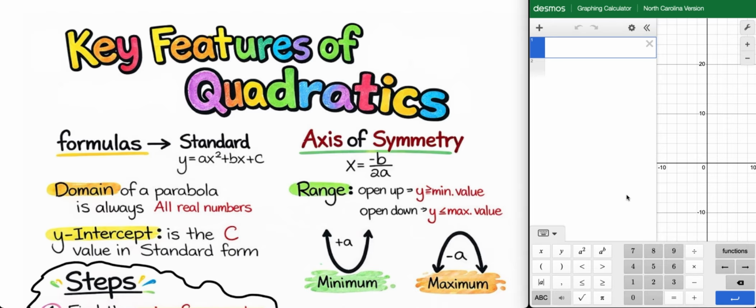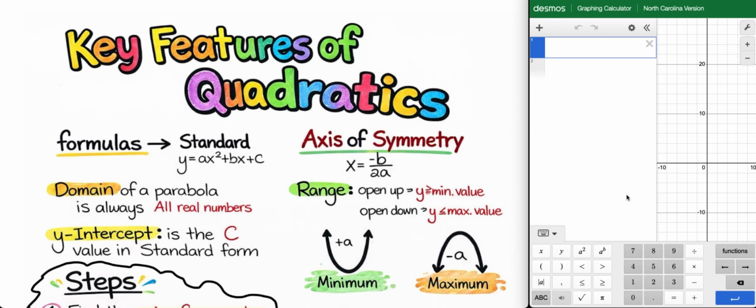Okay? And then the other one is range. Range depends on the direction of the parabola. So if the parabola opens up, then y is going to be greater than or equal to our minimum value. If the parabola opens down, that means y is going to be less than or equal to the maximum value.